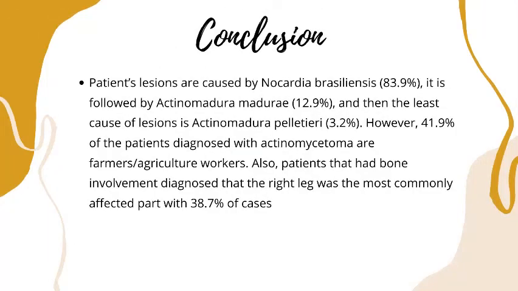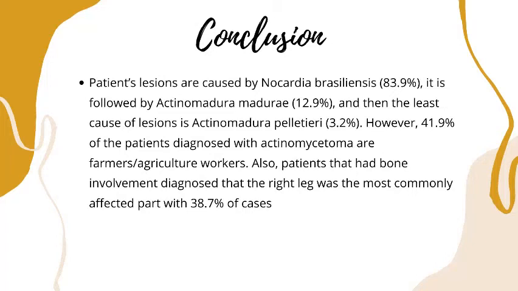Thus, many patients' lesions are caused by Nocardia brasiliensis at 83.9%. It is followed by Actinomadura madurae at 12.9%, and then the least cause of lesions is Actinomadura pelletieri at 3.2%.